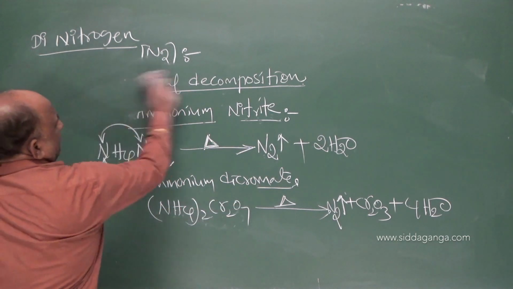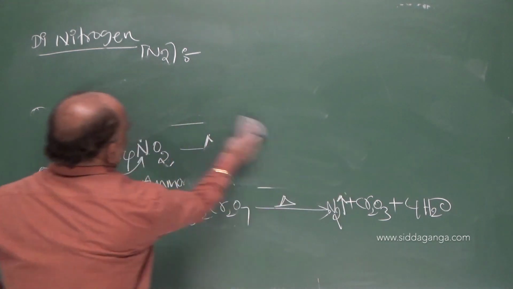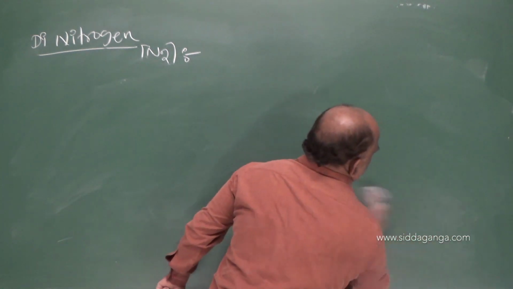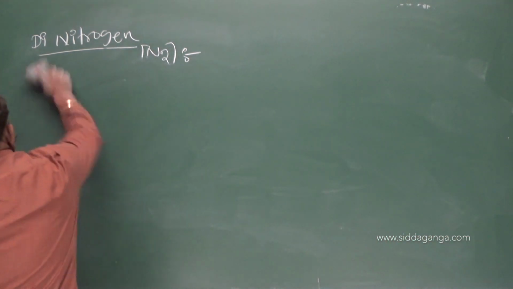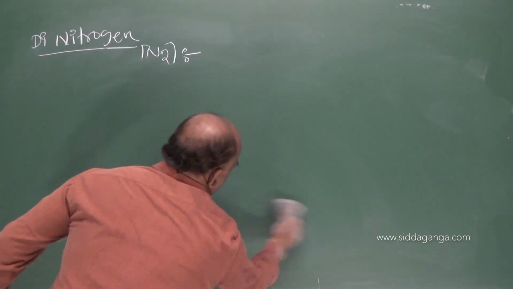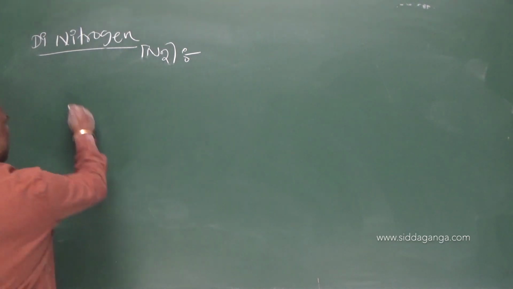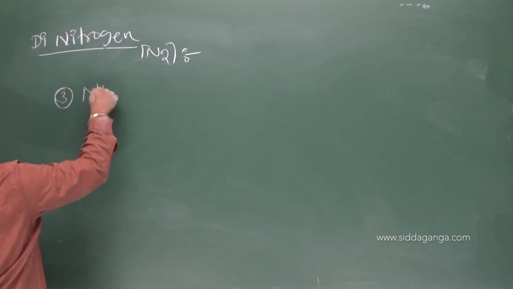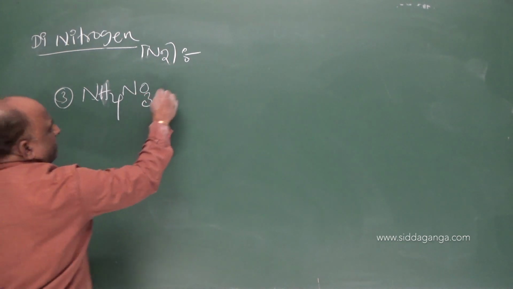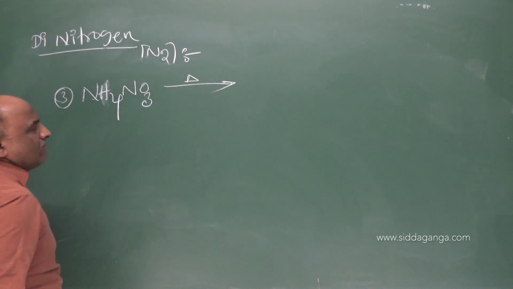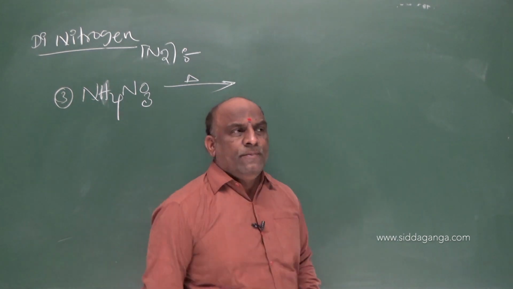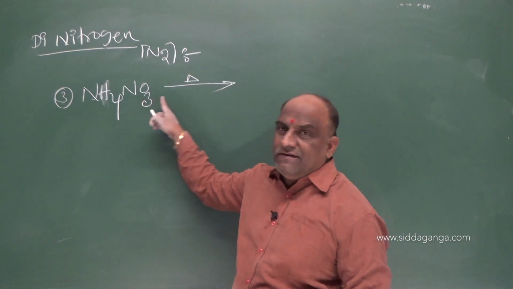Suppose ammonium nitrate is given, NH4NO3.